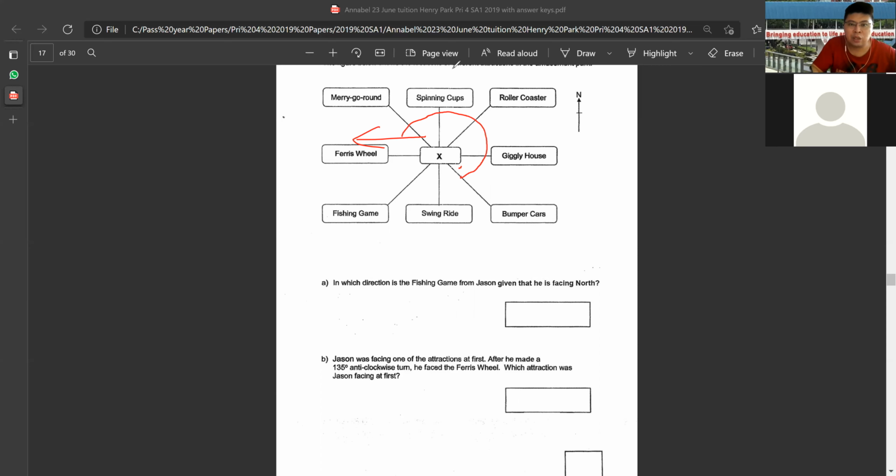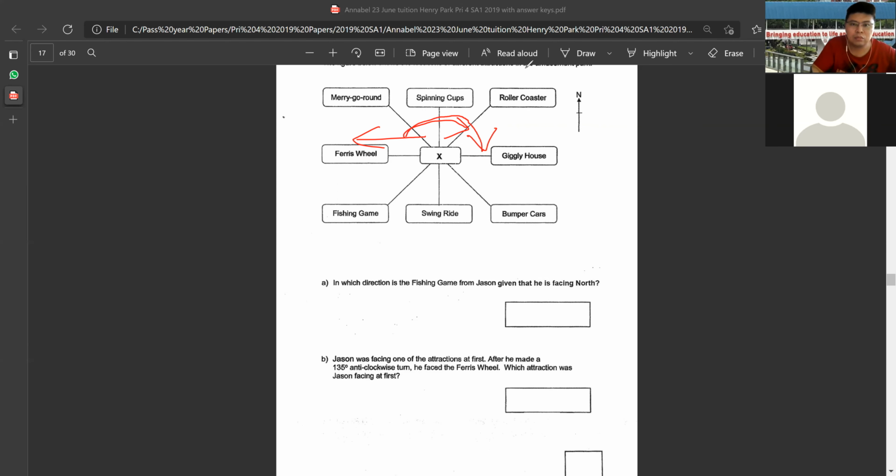Wait a minute, 135. This is 90, this is 135. So where would he be facing? 135 should be here.